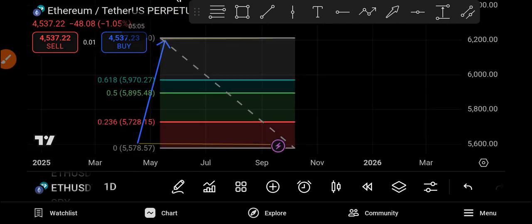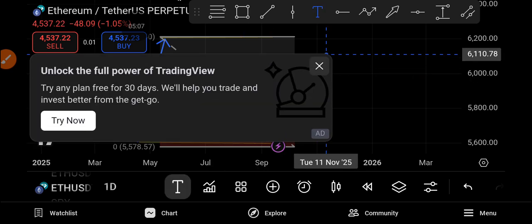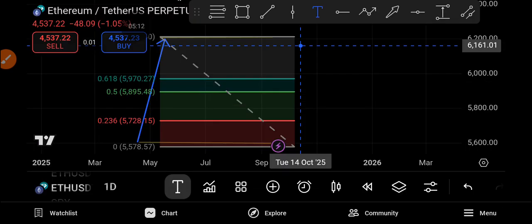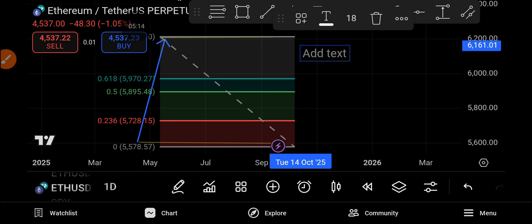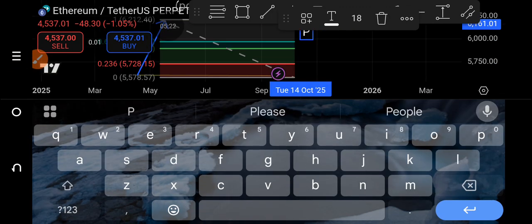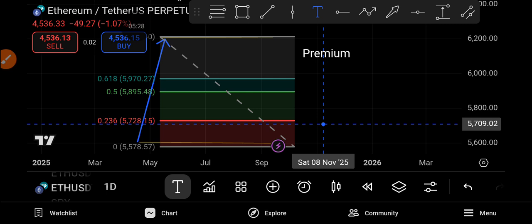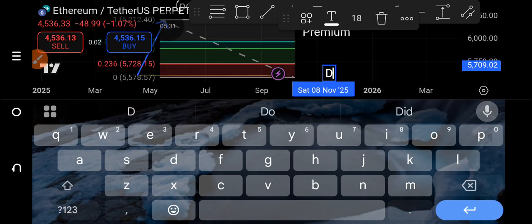These are the premium levels up there, above 50%, and below 50 are called the discount levels.